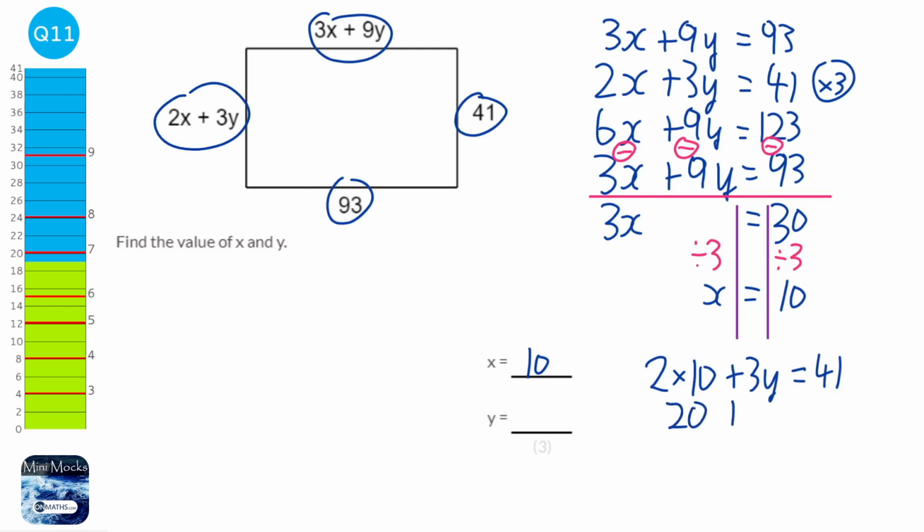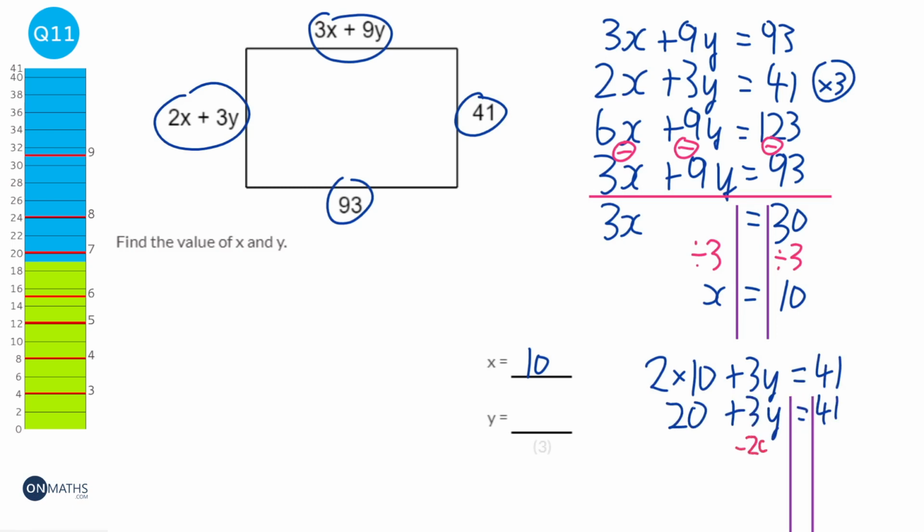So it would be 20 plus 3y equals 41. Get my solving lines in. And we're going to take away 20 both sides. So we've got 3y equals 21. And then we're going to divide by 3 both sides if I don't run out of room. So y equals 7. So we've got x equals 10, y equals 7.